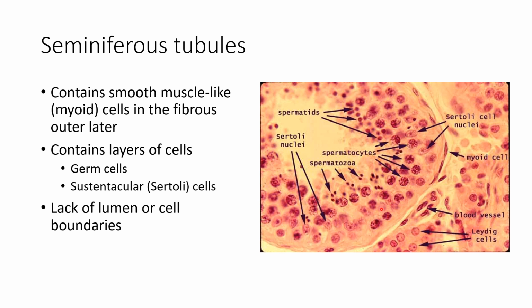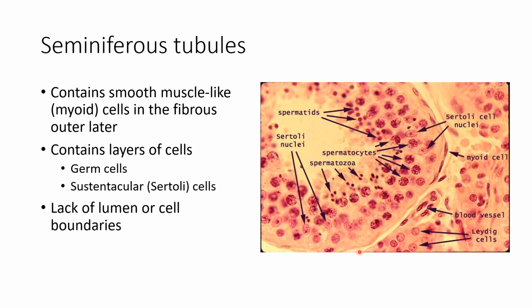So looking at the seminiferous tubules here, you're going to appreciate that all the sperm cells come from the spermatogonium, the initial germ cell that is responsible for producing every sperm that is used in the body. They are the stem cells, the germ cells that are definitive to form sperm.